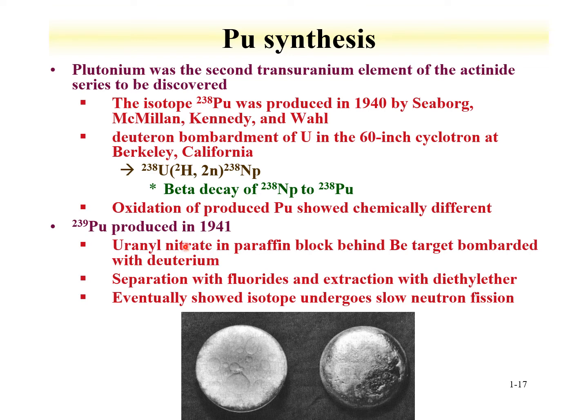That would decay to Neptunium-239, and that would decay to plutonium-239. There was a separation with fluorides and extraction with diethyl ether, and they showed that, like uranium-235, plutonium-239 would undergo fission with slow neutrons. And for this work, Glenn Seaborg and others were awarded the Nobel Prize.